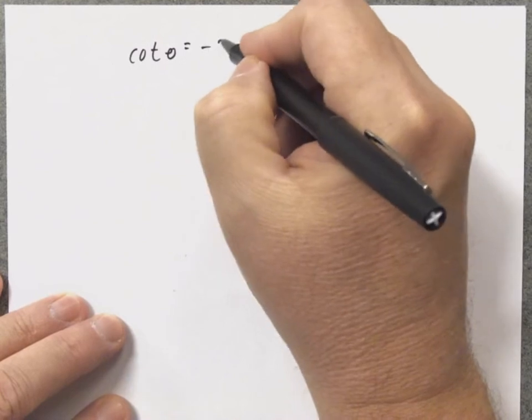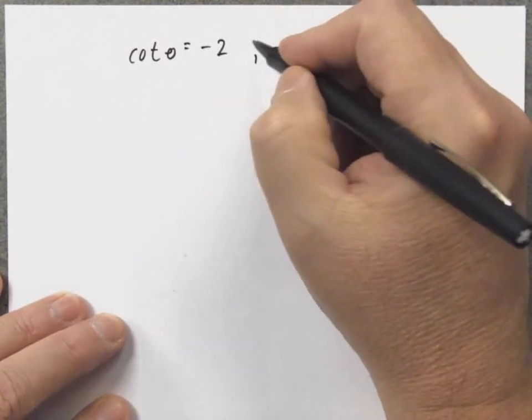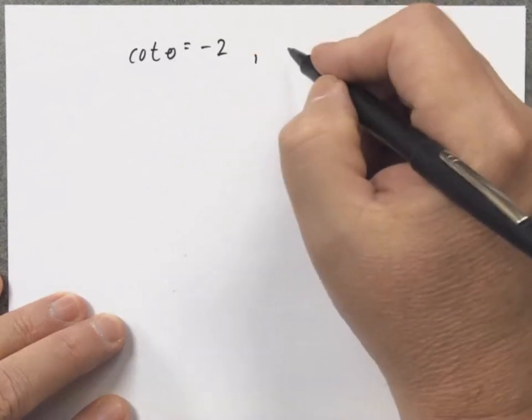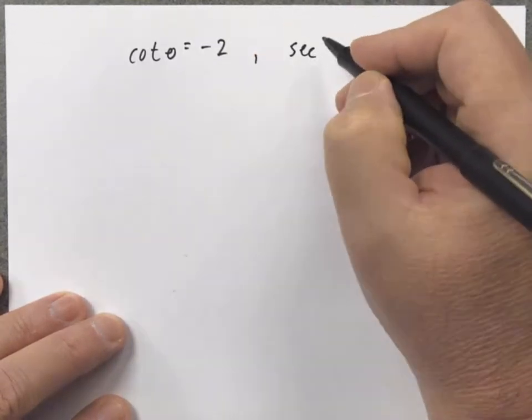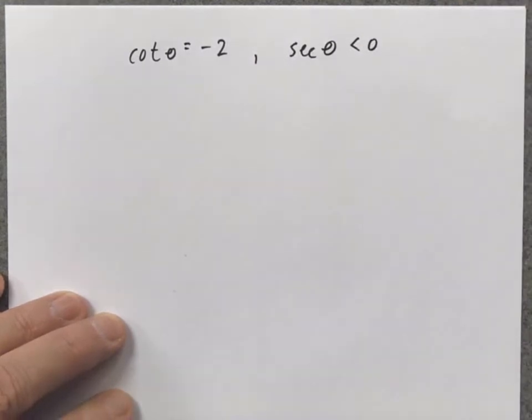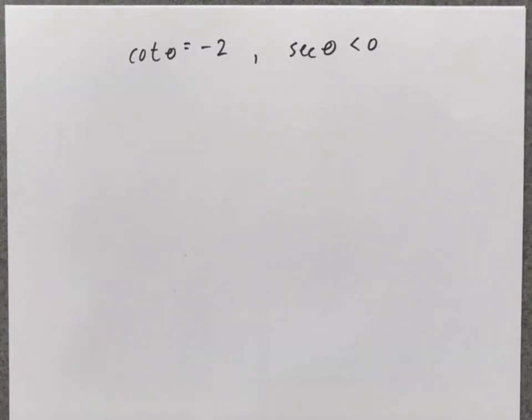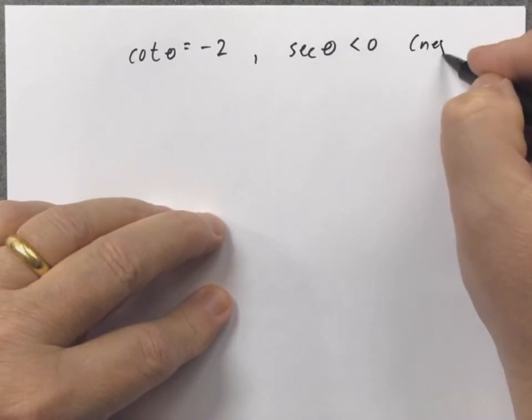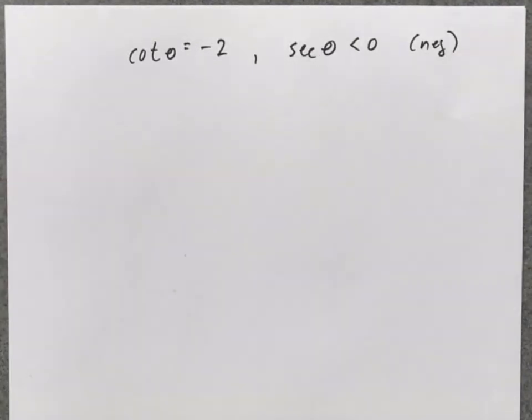They're going to give you a trig function. So they say the cotangent of theta is -2. And then they also tell us the secant of theta is less than 0. What does it mean when something is less than 0? It means it's negative. So they're telling us the secant is going to be negative.